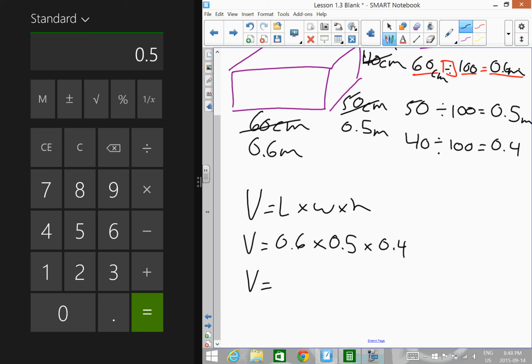Multiply all those together, and you should get the same answer. 0.6 times 0.5 times 0.4. Oh, looky there. 0.12 meters cubed. Same answer, 2 different ways. So do the one you like. All right, one last example.